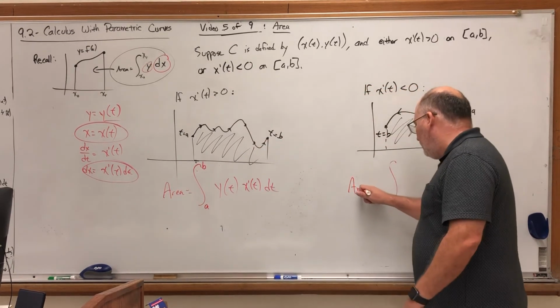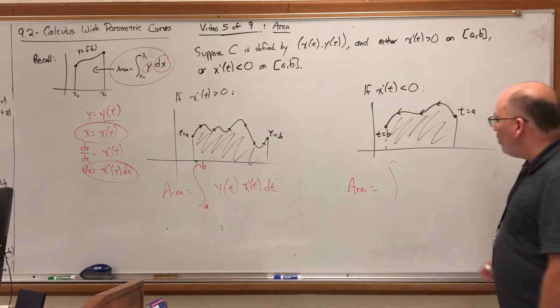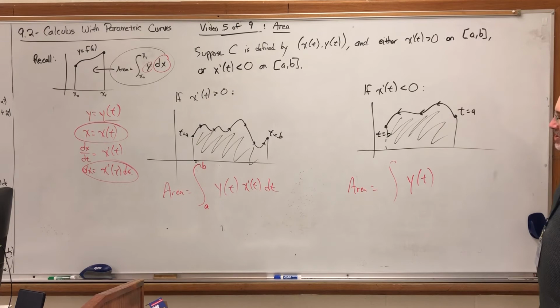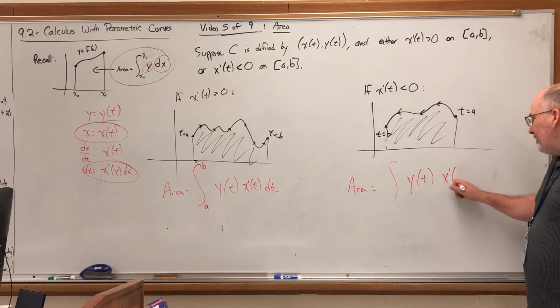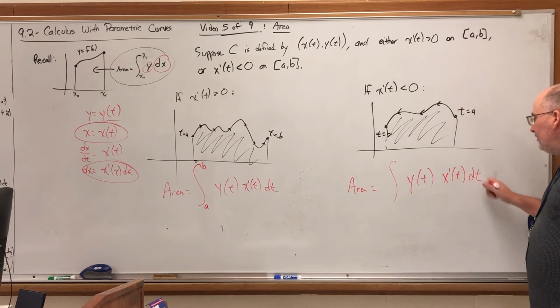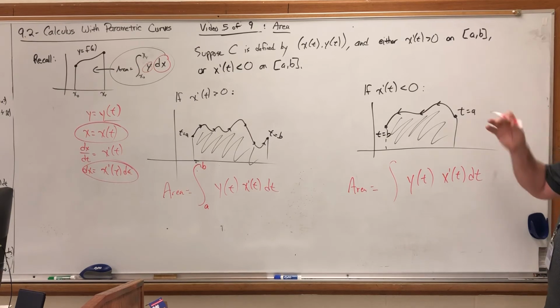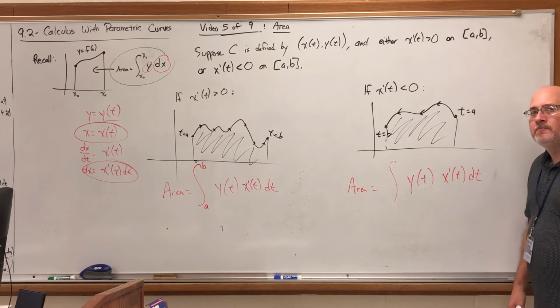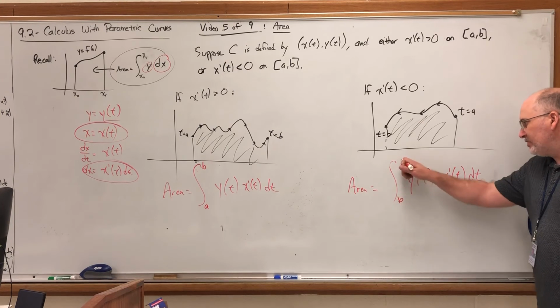We would still replace the y with y of t, it's a parametric equation. We would still replace the dx with x prime t dt, the derivative of the x parametric equation, but we're still integrating from left to right. And in terms of t values, the leftmost t value is b and the rightmost t value is a.